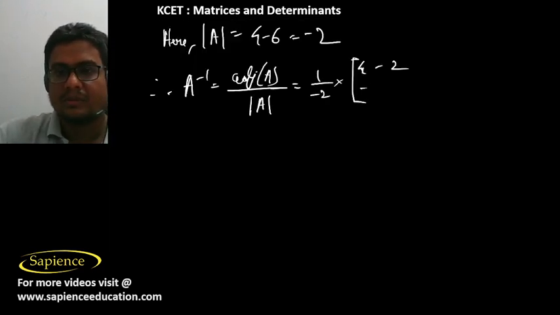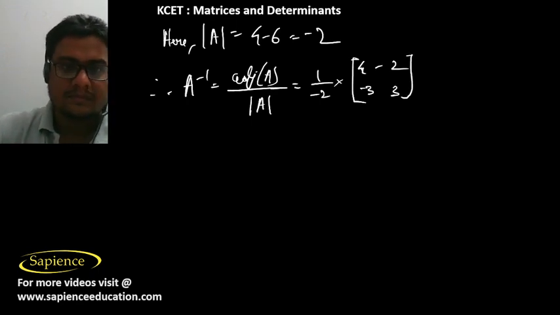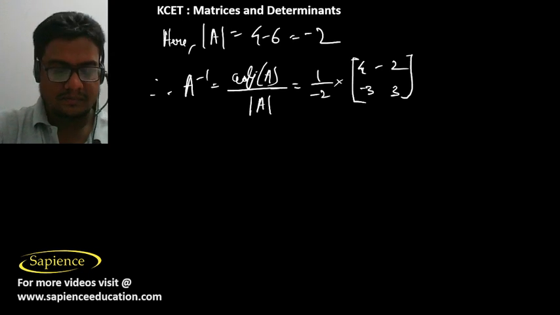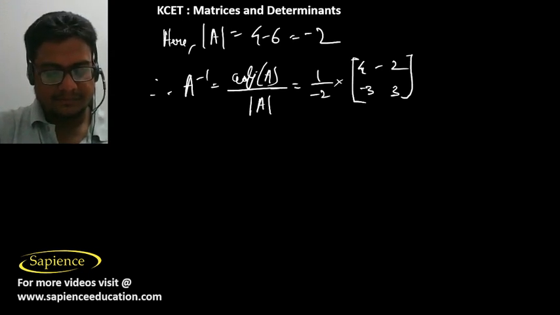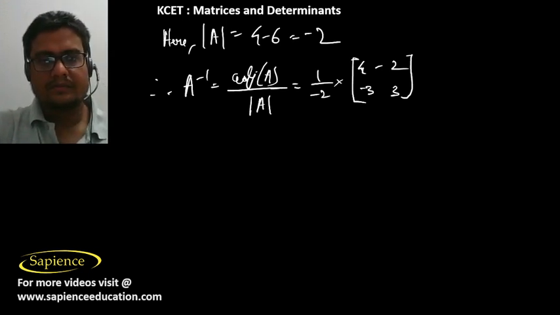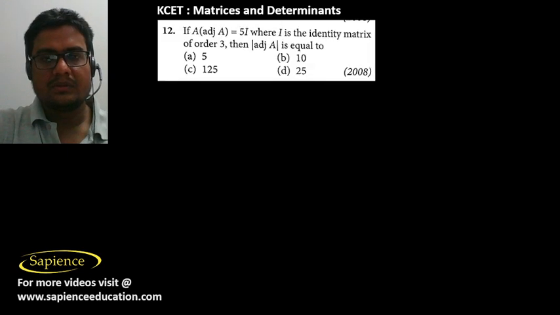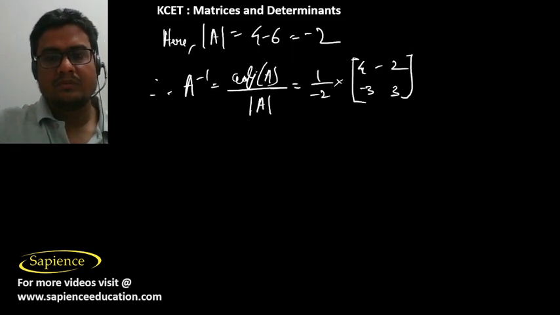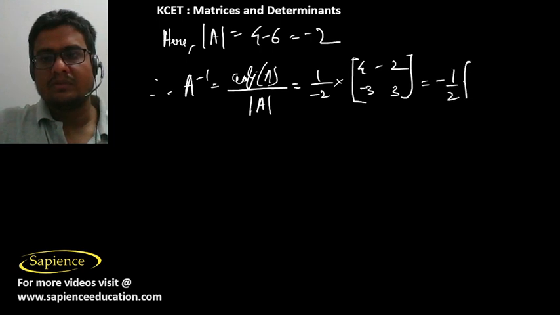This is the A inverse, which is minus 1 by 2 into 4, minus 2, minus 3, 3.